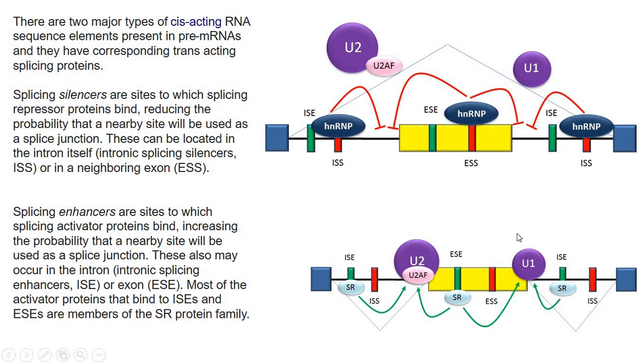Okay, so the short answer to your question was yes, introns are equally important for alternative splicing as exons. Introns have these specific sequences that the protein will bind to, and these can enhance splicing, or they can repress splicing events.